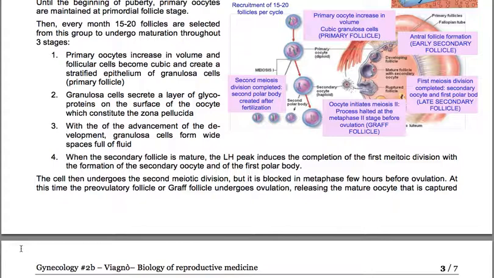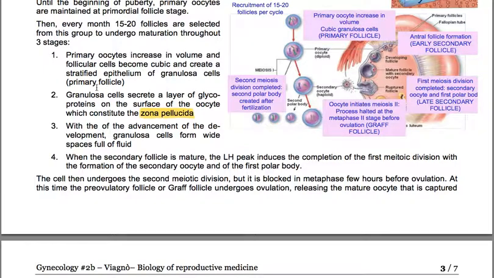So, just to repeat, you have three stages of the maturation of the oocytes. Primary oocytes increase in volume, and follicular cells become cubic and create stratified epithelium of granulosa cells, primary follicle. Then, second stage, granulosa cells secrete a layer of glycoproteins on the surface of the oocytes, which constitute the zona pellucida.